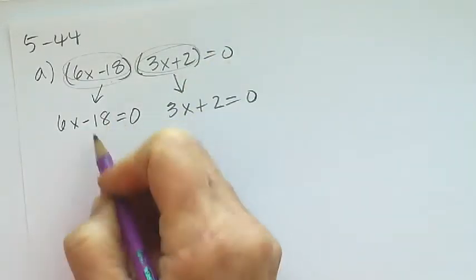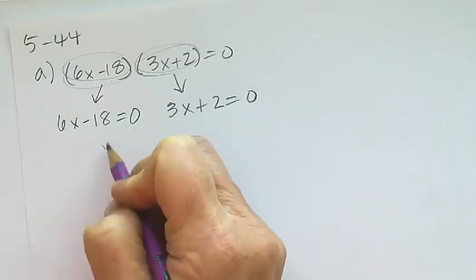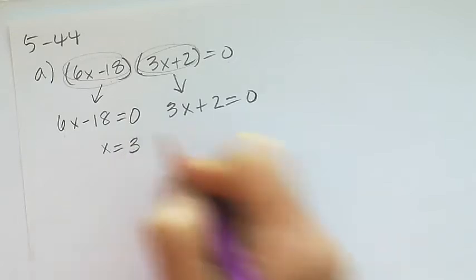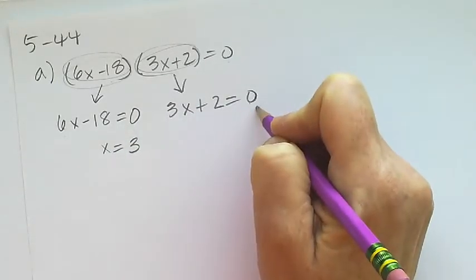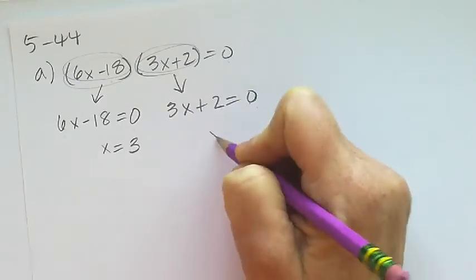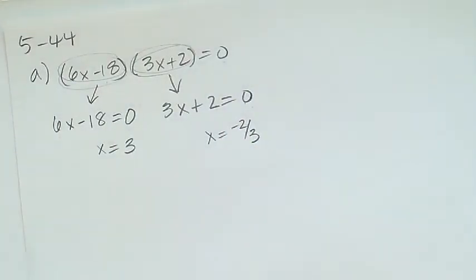So if this is equal to 0, I'm going to add 18 to both sides and then divide by 6. That's going to give me 3. If this is 0, I'm going to subtract 2 from both sides and divide by 3, and that's going to give me -2/3.